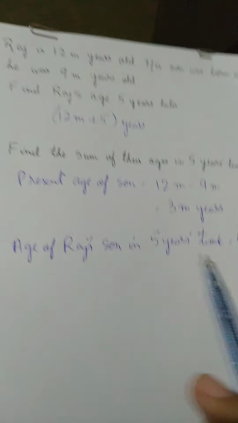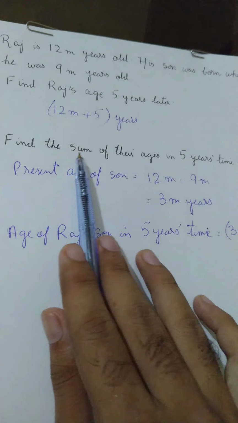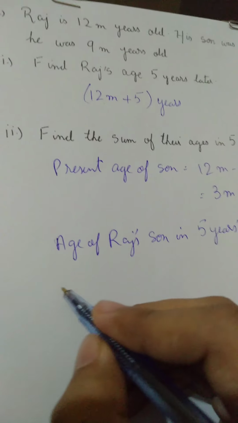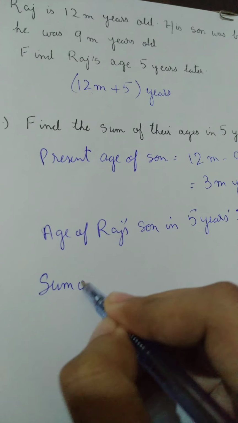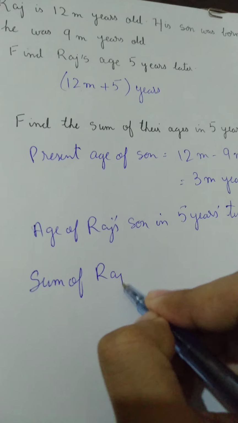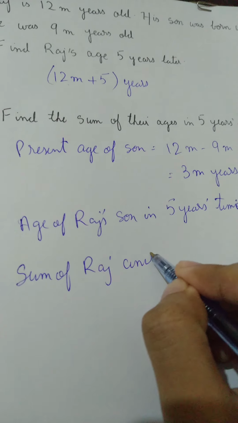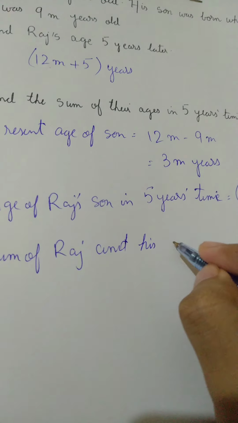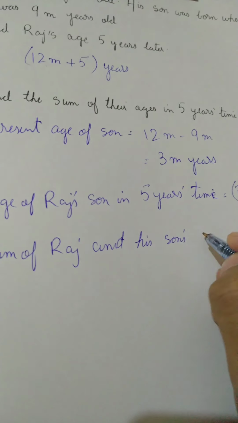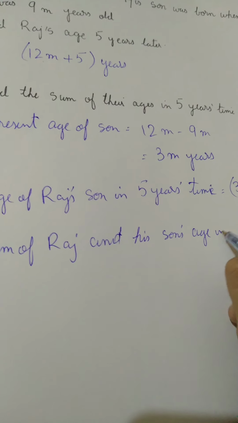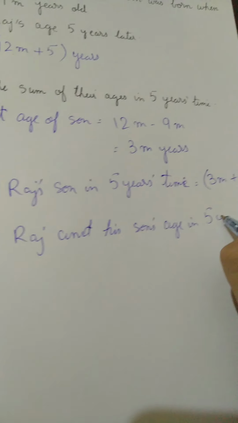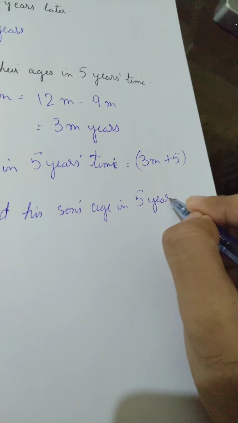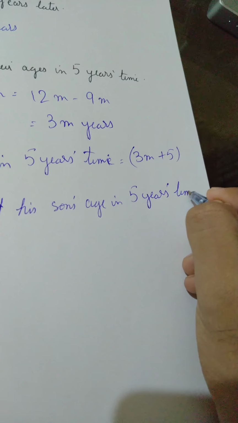So now we will simply add them, because we have to find the sum of their ages in 5 years time. So now we are doing the sum of Raj and his son's age in 5 years time.